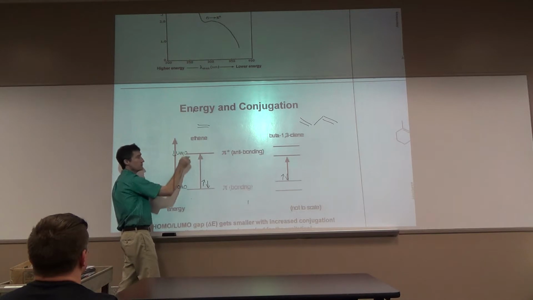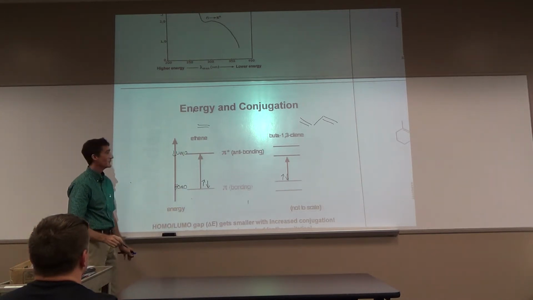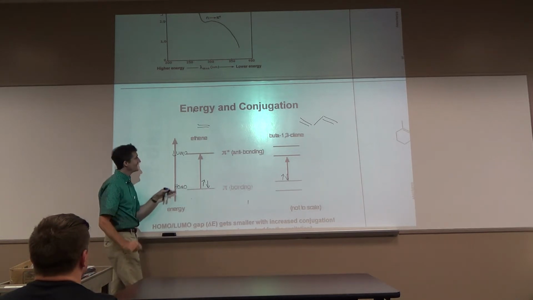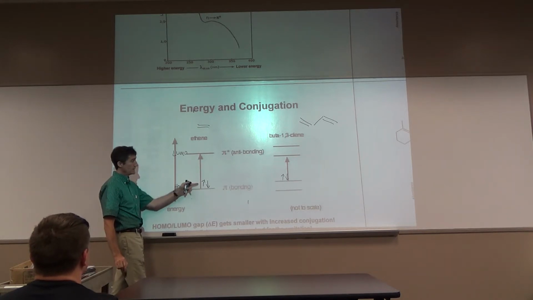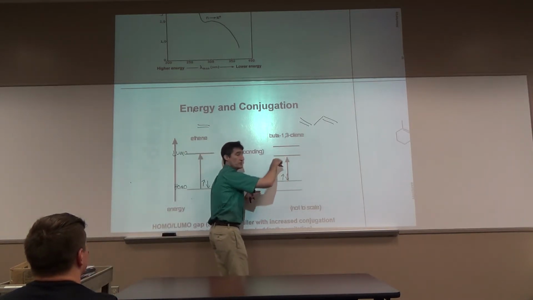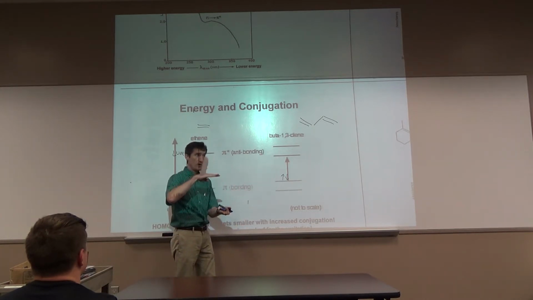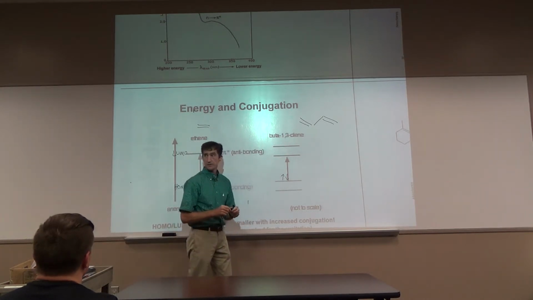LUMO. Where have you heard these terms at? Yeah. This is your HOMO, your highest occupied molecular orbital. The electron is excited from the HOMO to the LUMO. Okay? So now we can use terminology. The gap between your HOMO and LUMO is smaller with the more conjugation you have.